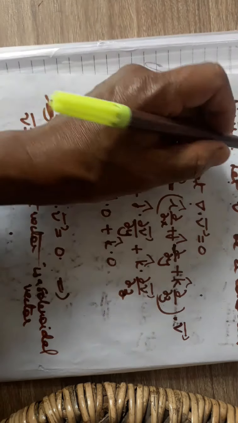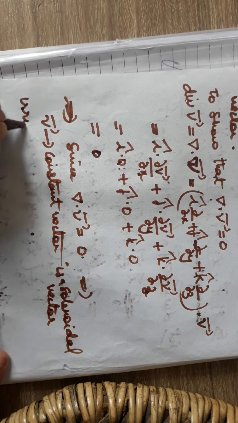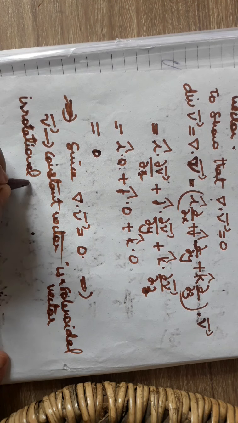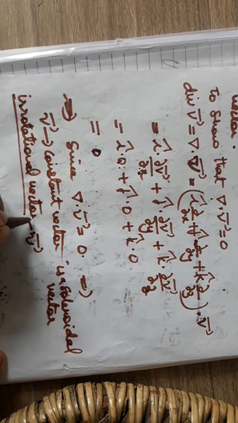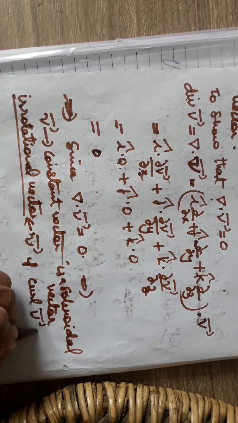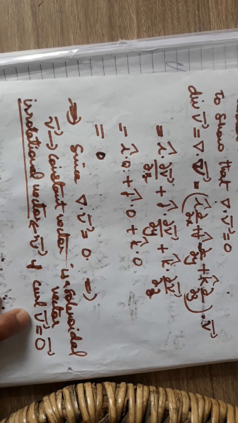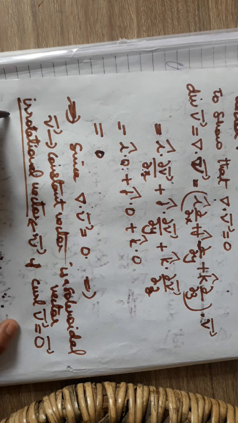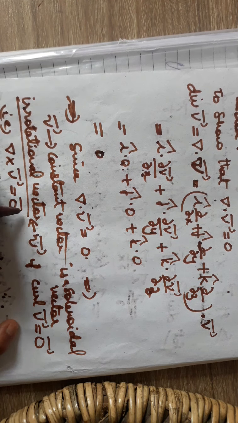Now again, with this same constant vector v bar, consider irrotational vectors. A vector v bar is called irrotational if the curl of v bar is equal to 0 vector, that is del cross v bar is equal to 0 vector.